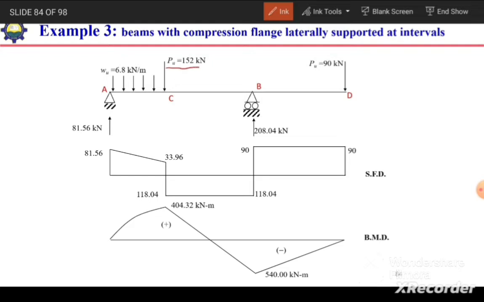These are the factored loads acting on the beam, and corresponding to this factored load we can draw the shear force and bending moment diagram. I am not going into detail of this diagram because we have already learned how to construct the shear force and bending moment diagram in structural analysis.